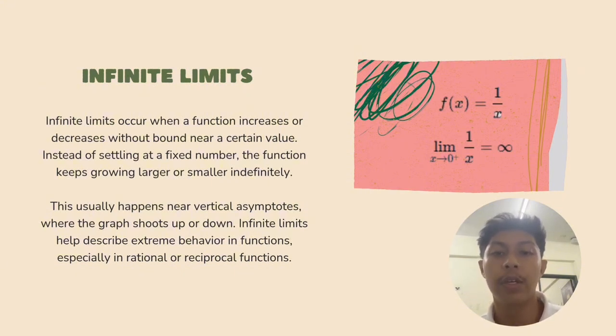The value of the fraction doesn't stop at 10 or 1000 or even a billion. It increases without bound. We describe this explosive behavior by saying the limit is infinity. You'll almost always see this happening around vertical asymptotes, where the graph shoots straight up or dives straight down.